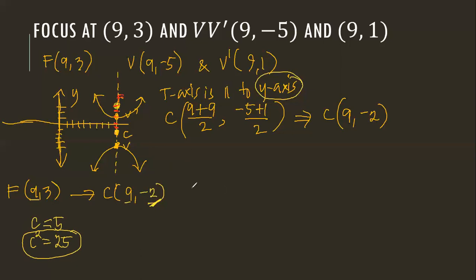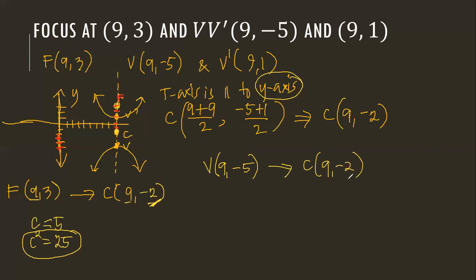Then we also have the vertex. Okay, so the vertex from center to vertex. So bilangin din natin, from center to vertex. Okay, so ito yung nandito kay 2. So we have 1, 2, 3. Okay, so that means from our vertex, which is 9, negative 5, nanggaling siya kay center, which is 9, negative 2.